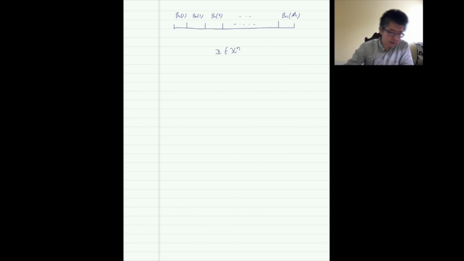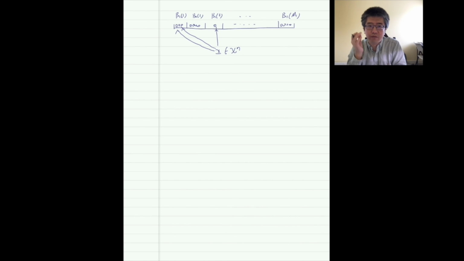In bin 1 we may have three source sequences, in bin 2 we may have four, and so on. Each of these is a source sequence. Basically, we randomly give a bin index to each source sequence. That's it, and the encoding is very simple.